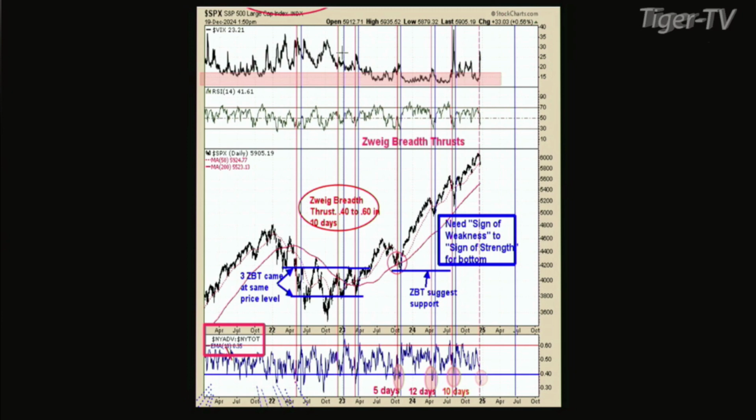If it gets triggered on this next rally and we don't see 0.6 within 10 days, that's 2 weeks away, then most likely 2025 will not be a raging bull market like the last couple of years. So we'll have to wait and see, but I'll be watching this indicator real carefully.